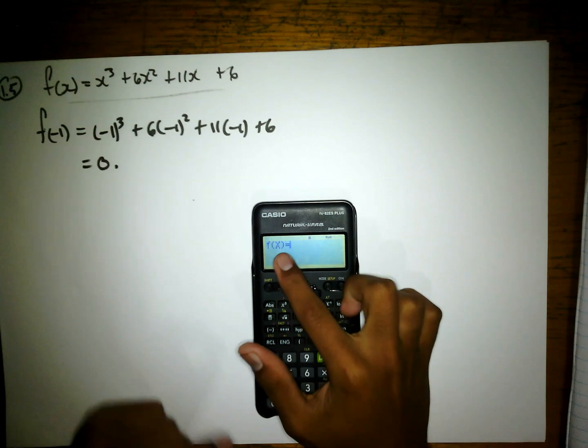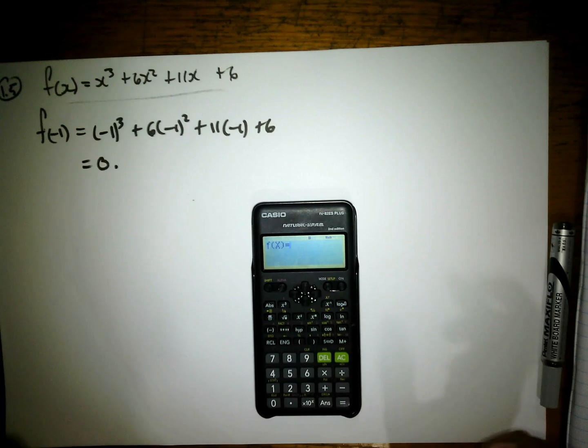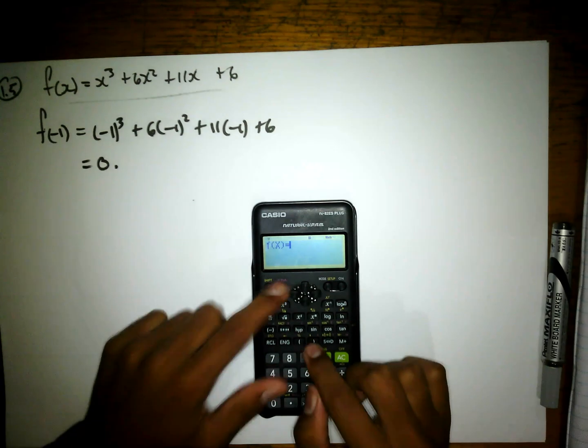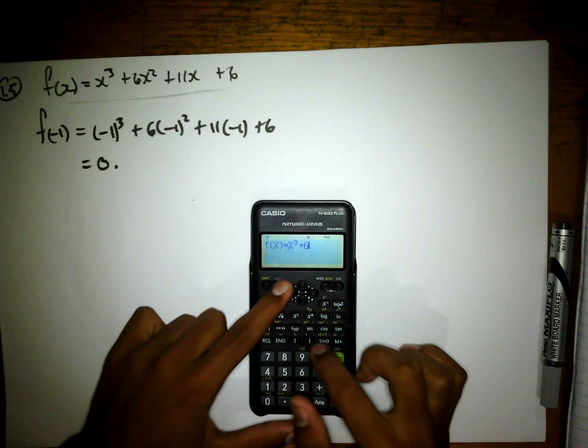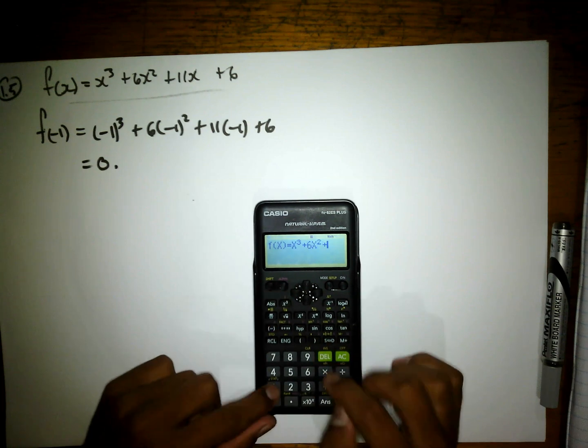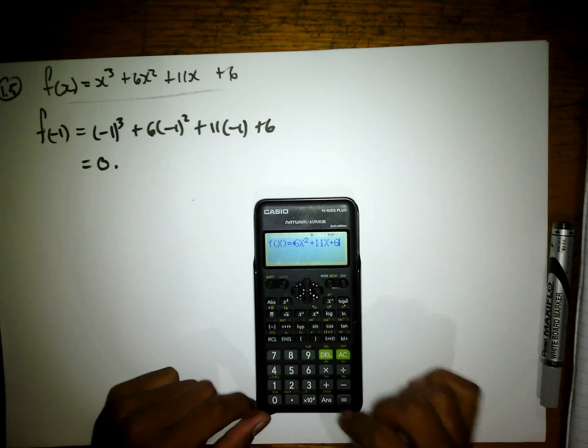I think everybody should know about this. There's a shortcut, basically. So x cubed plus 6x squared plus 11x plus 6 equals.